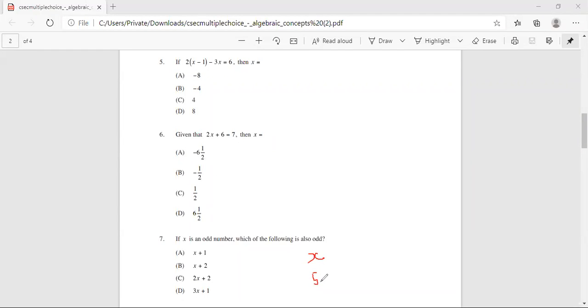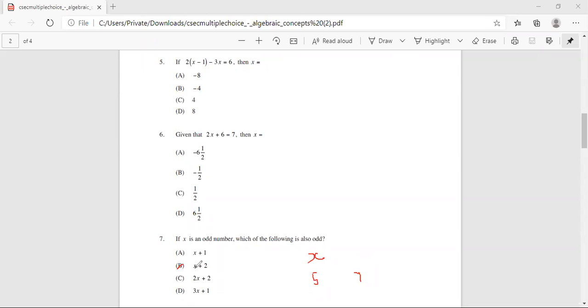Where's the next odd number coming after that? 7. So how much do we have to add? 2, right? Because 5, 6, 7. We have to add 2 in order to reach 7. So it means B is the answer.